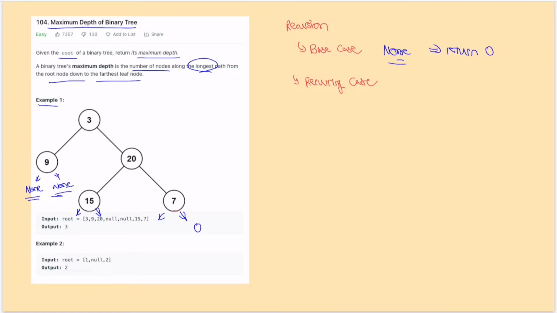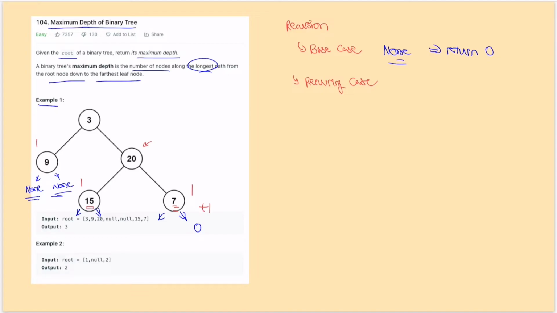So how do we advance to look at the next level? We simply need to add 1 to them, right? So at this 7 right here, we'll be getting a 1, and a 1 at this 15 and 9 respectively. After that, we continue to the next step. Let's examine 20 right here. 20 will already have access to the outputs returned by its right and left subtrees.